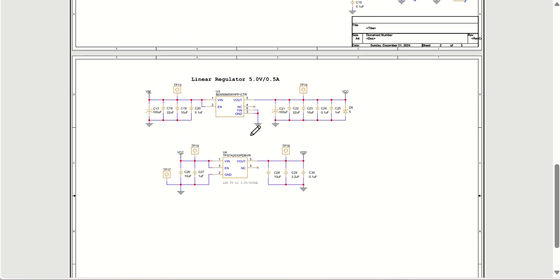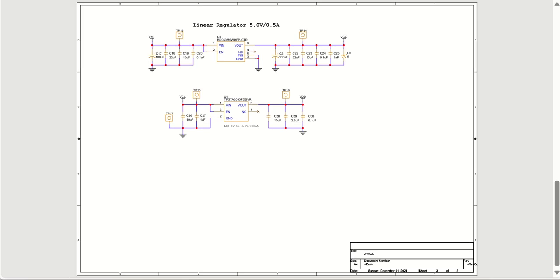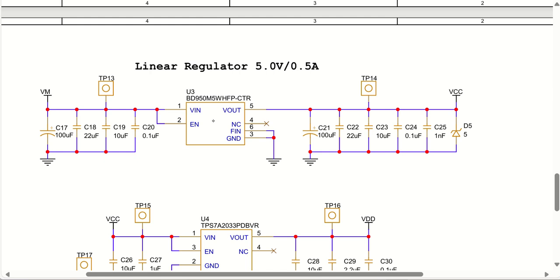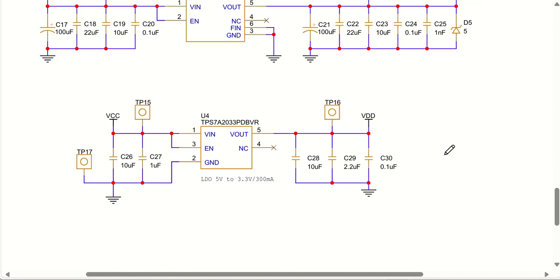For that purpose, I have used one regulator with a 500 milliamperes output rating. This is the VM that is going to go into this particular linear regulator, a very simple linear regulator which is going to give you VCC, that is your 5 volt. This has been protected with 5 volt as well, so that you don't have to worry about it.